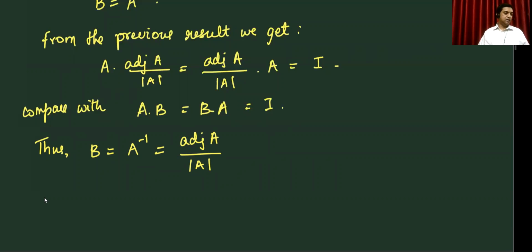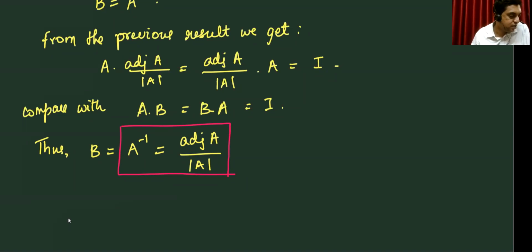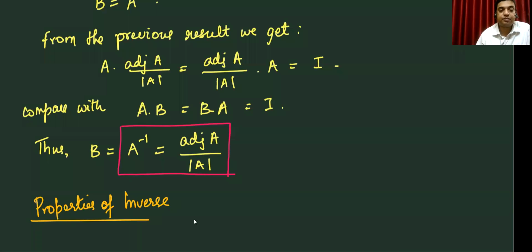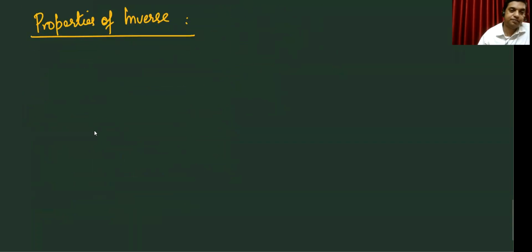Okay. So very, very important result: A inverse is adjoint A by determinant of A. Now some properties of inverse.